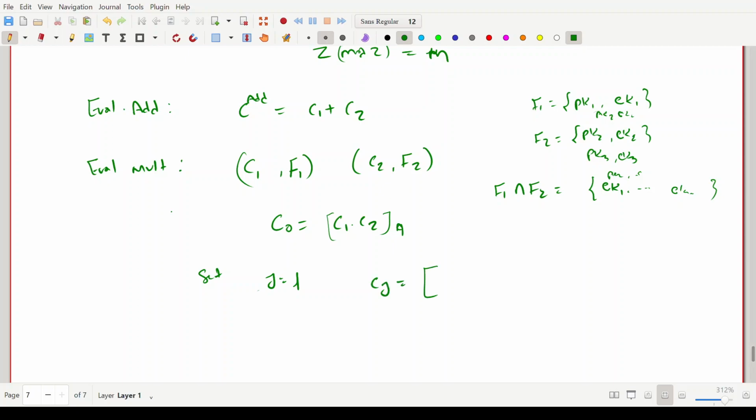Cj is bit of Cj minus 1, Ek_i,j. That means what are the things repeated? Each time we are going to do that. We are going to multiply with the bit decomposition part, modulo q.